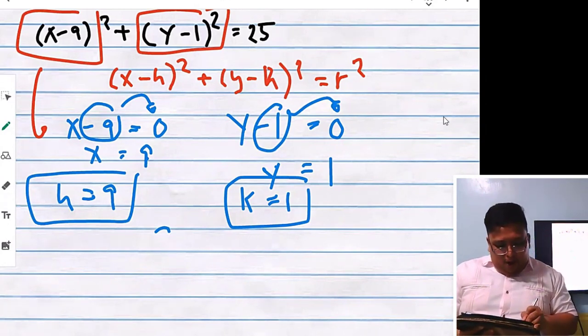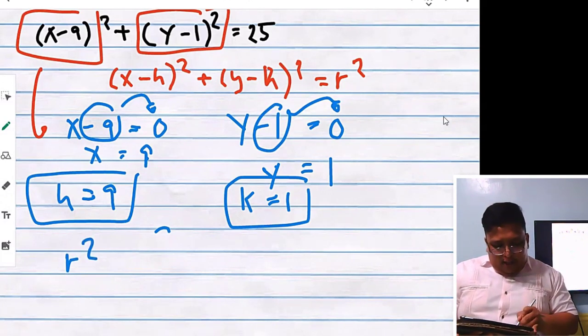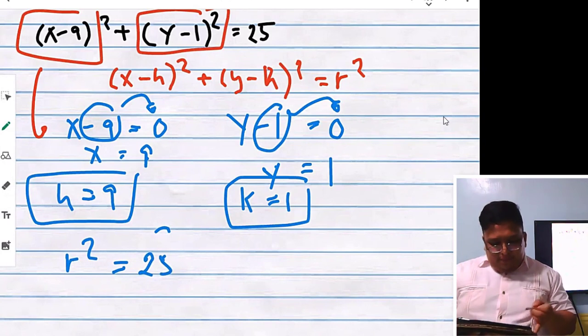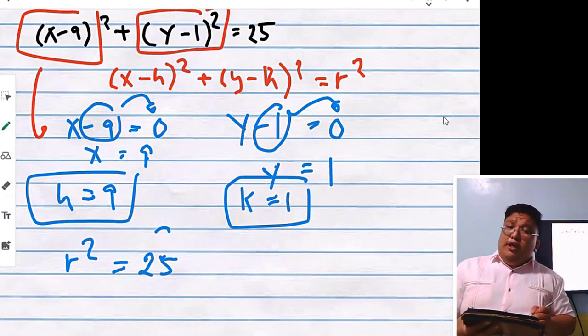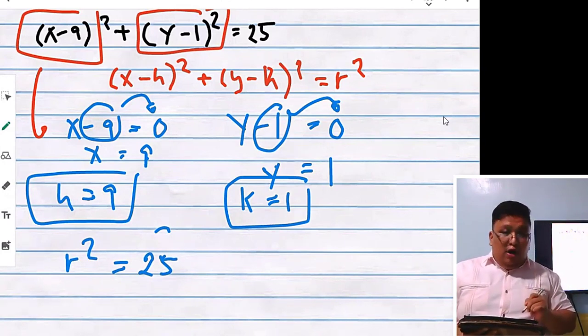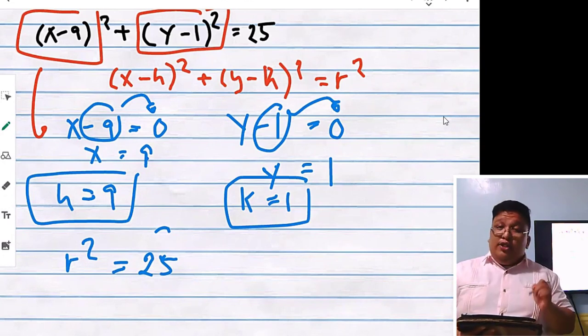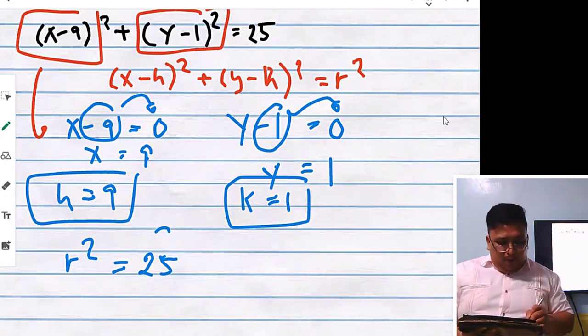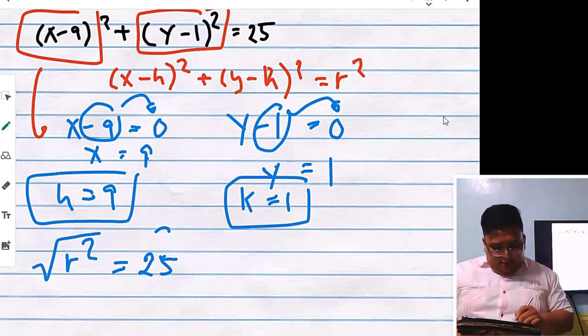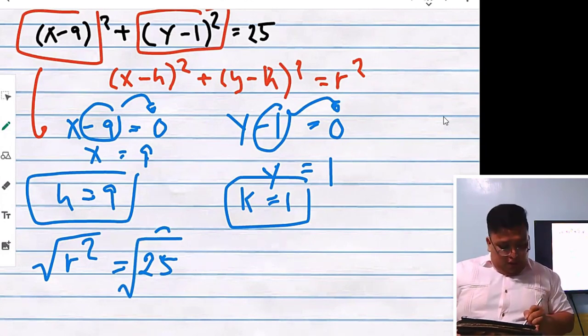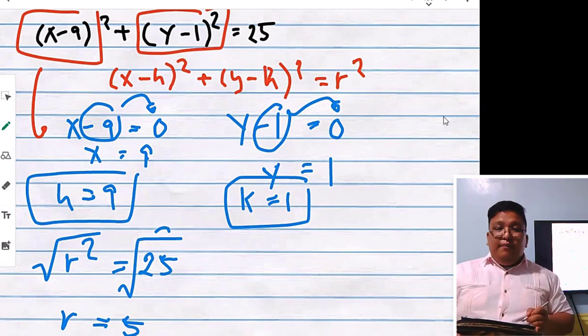So we have now r squared is equal to 25. Then, in order to eliminate that square, or the power of 2, we're just going to take the square root of both sides. Take the square root, then r is equal to 5.